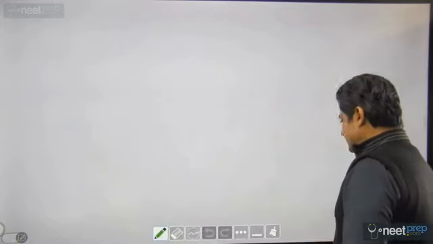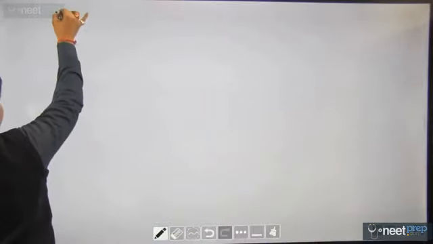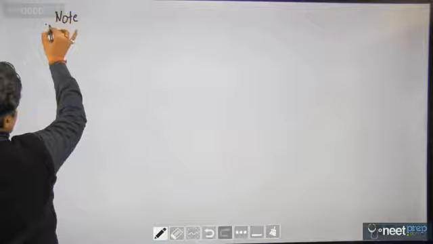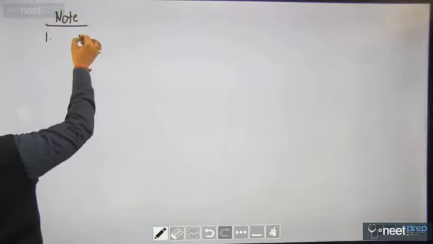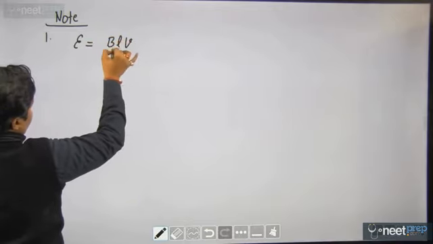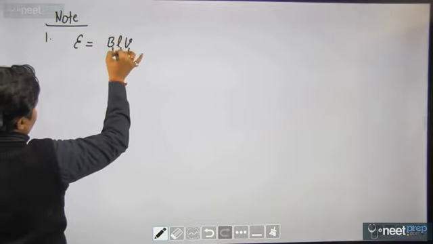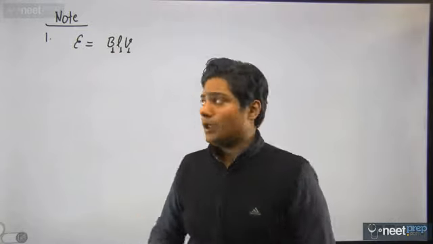Now let us write a few important notes regarding this. Note number 1. The first note is, when you write EMF equal to BLV, where B perpendicular, L perpendicular, V perpendicular, then this EMF will have polarity.